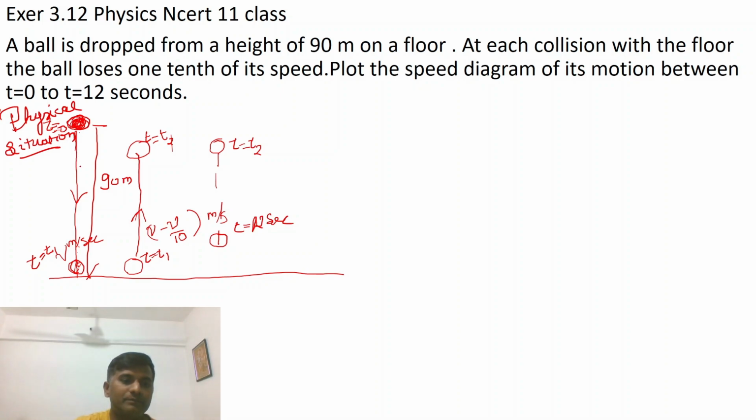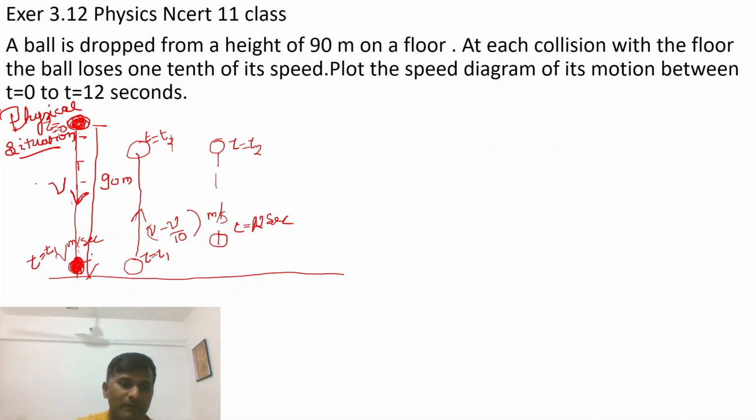From 90 meter it's being dropped, so the velocity v is directed downwards, and with that velocity the ball comes and hits the floor. The velocity will be increasing, different at each point.